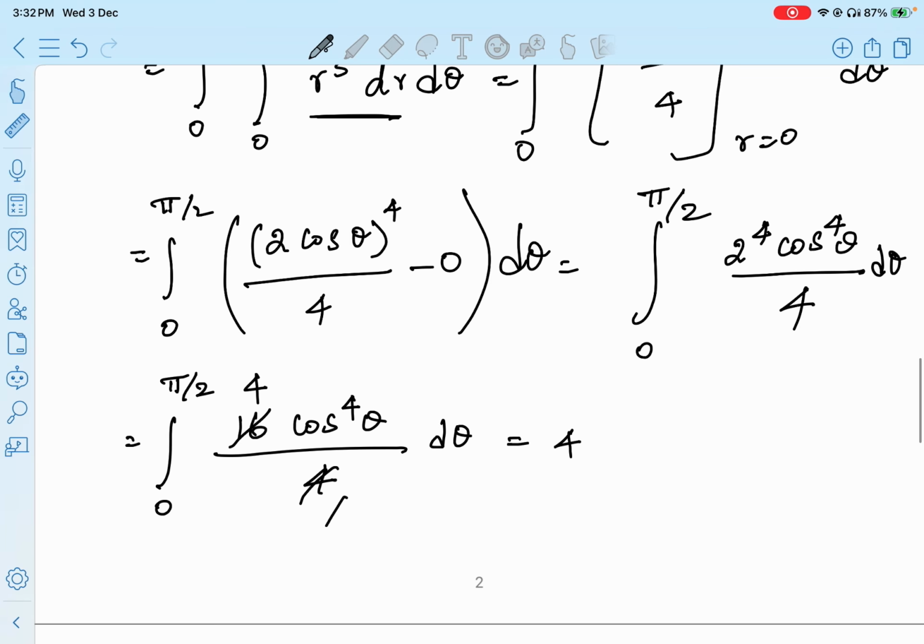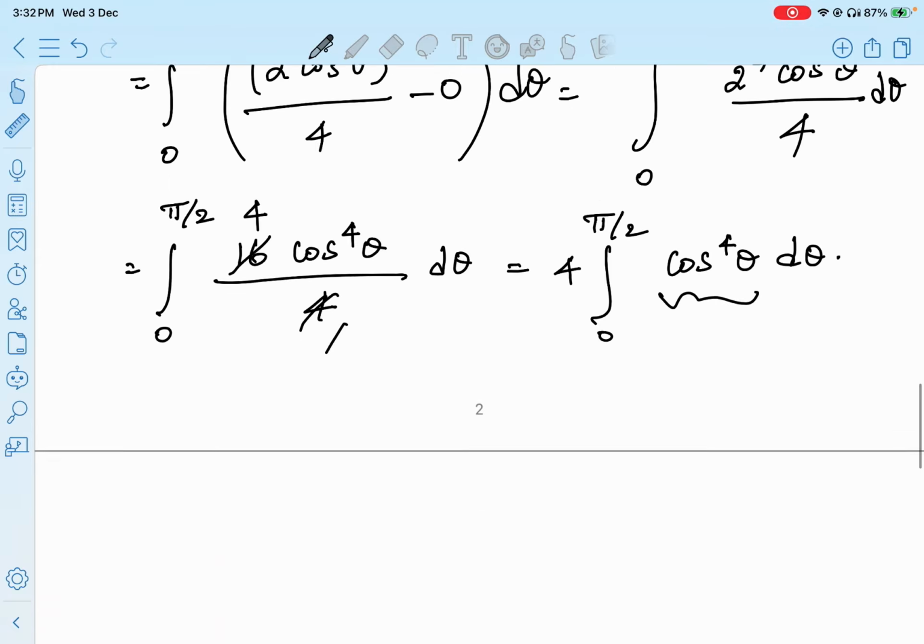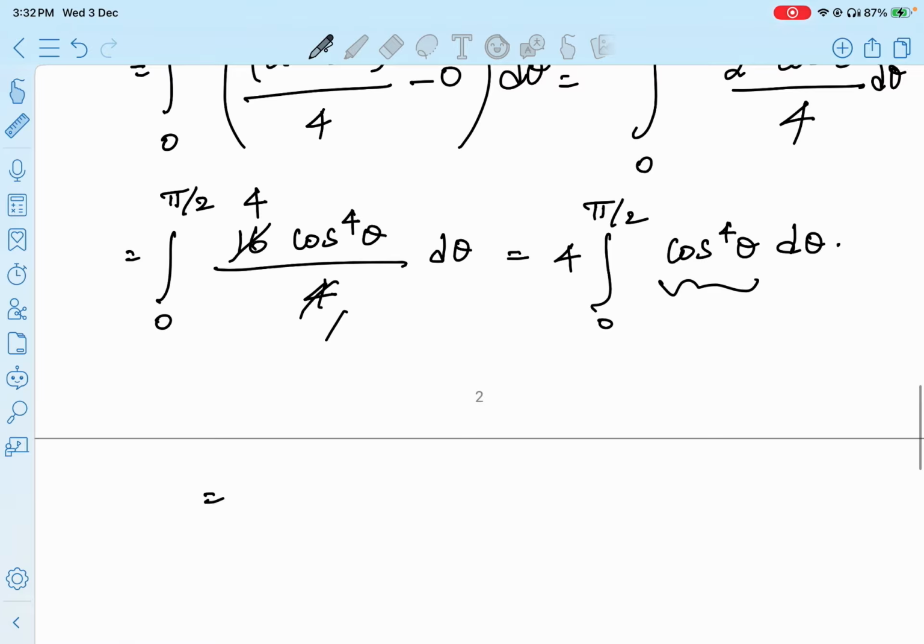So we can take the 4 outside: 4 times the integral 0 to pi by 2 of cos power 4 theta d theta. We have seen one problem that if it is cos power n theta or sin power n theta, depending on whether n is odd or even, we can replace using a condition.